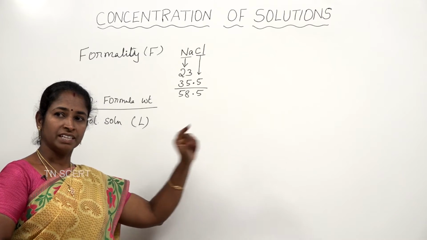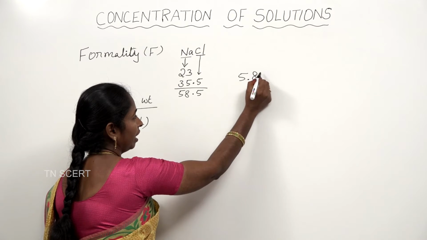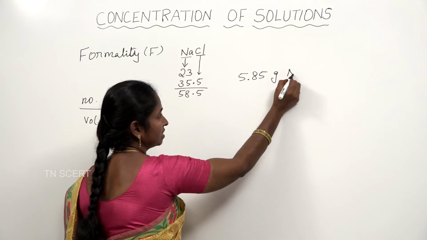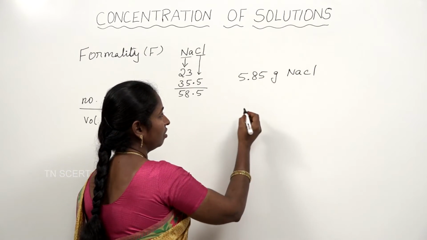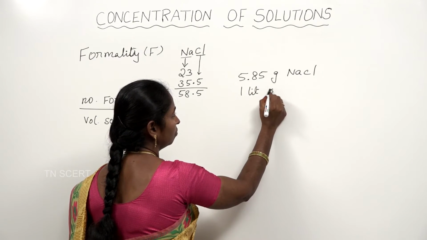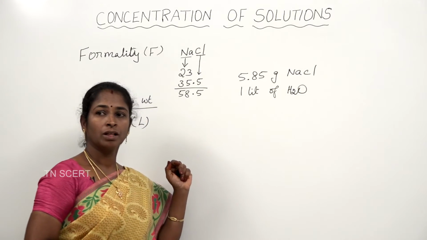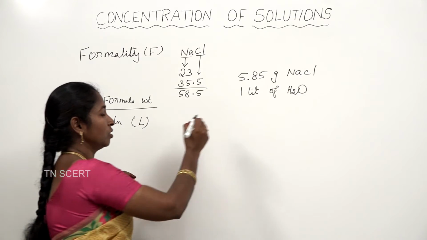Let me explain this with an example. If 5.85 gram of NaCl is dissolved in 1 liter of water, what is the formality of this solution?